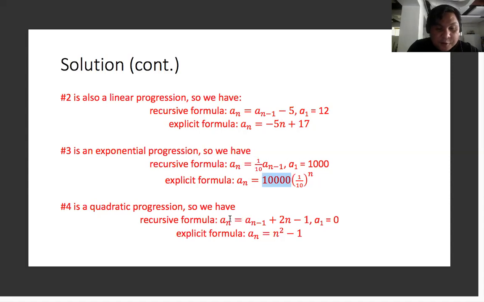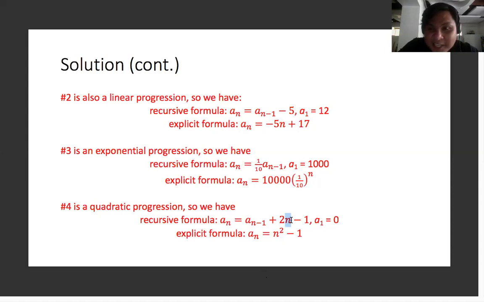Its recursive formula is a sub n is equal to a sub n minus 1 plus 2n minus 1. Okay, so notice it makes use of the previous term and it also uses the term number. So that's definitely different from the linear progression.